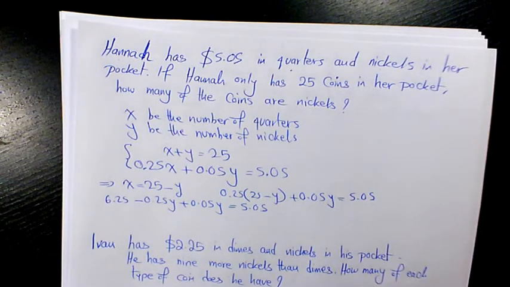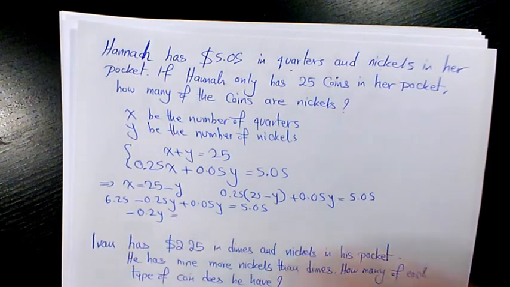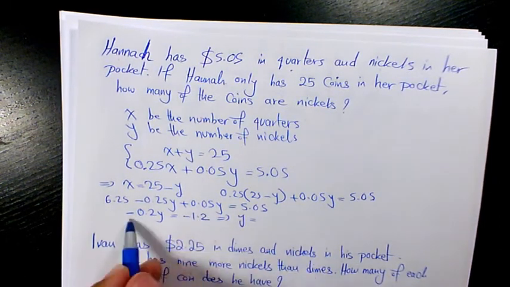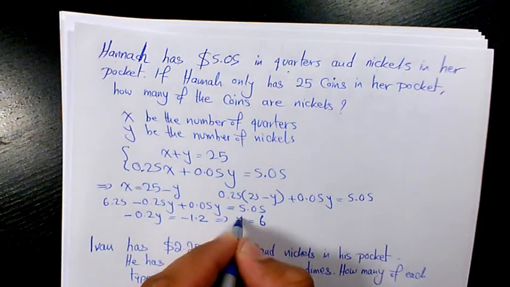So we have negative 0.25 plus 0.05 is going to be negative 0.2y, and here we have 5.05 minus 6.25, that's going to be negative 1.2. So y will be negative 1.2 divided by negative 0.2. That's going to be 6. So y is 6.